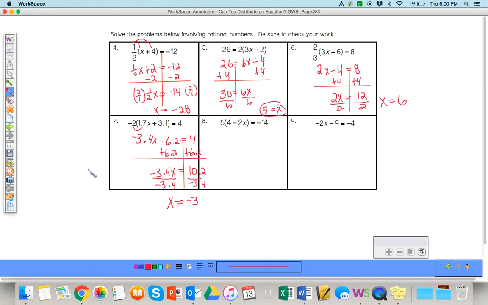All right, 2 more problems and then we're done with these notes. Okay, 5 times 4 is 20. 5 times -2 is -10x, and that should equal -14. If we draw our line through the equal sign, okay, we're going to subtract 20 from both sides.